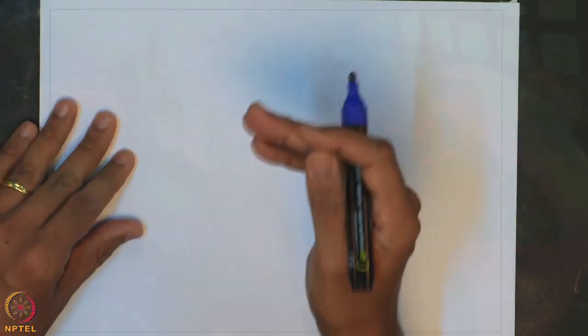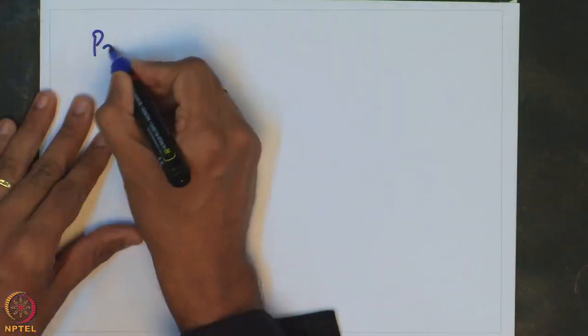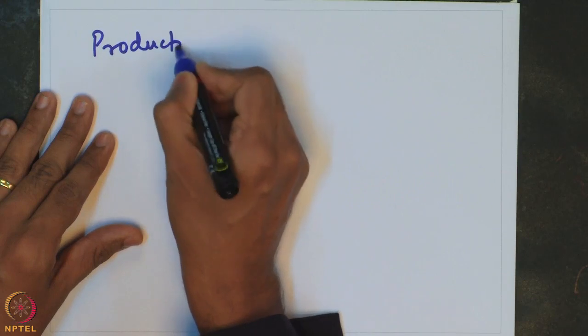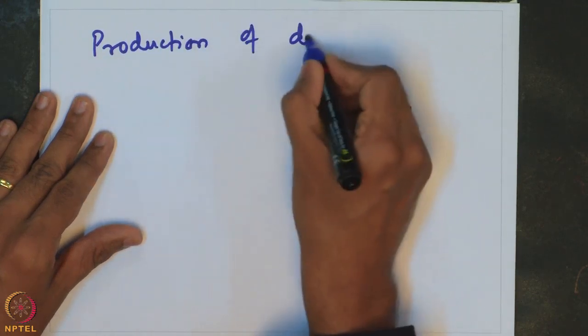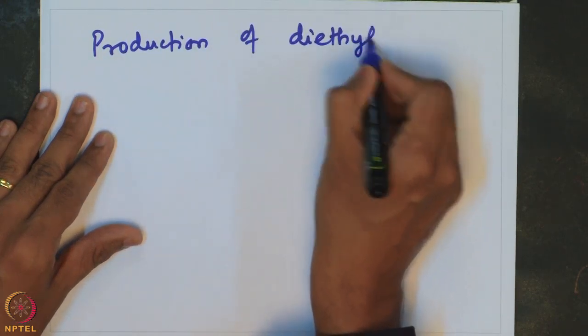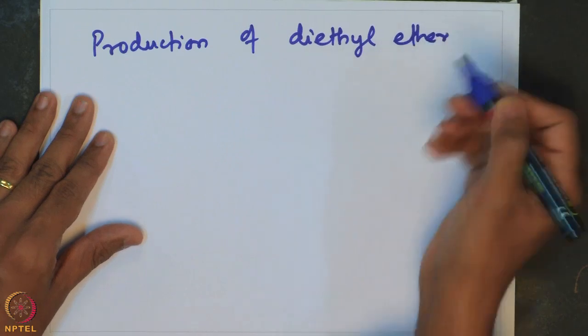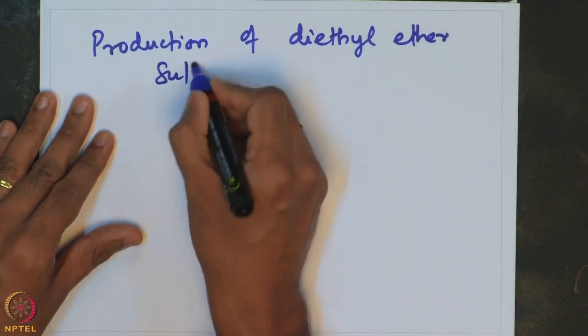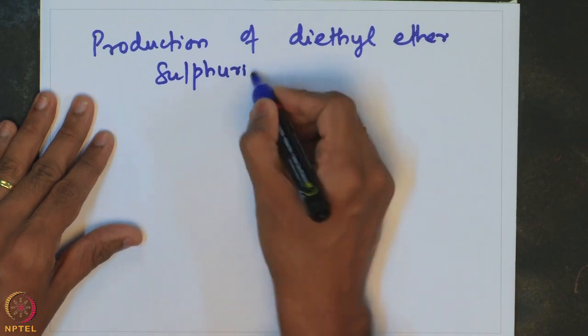The first process which is known, or at least has been recorded as a catalytic process, is the production of diethyl ether. One of the older documented catalytic processes is the production of diethyl ether, for which sulfuric acid was used as a catalyst.